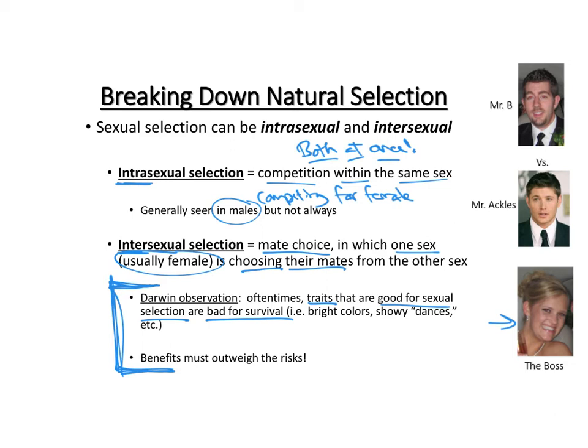These things will attract predators, right? But what Darwin kind of falls back on is just, hey, the benefit must outweigh the risk, right? So the risk of a predator seeing you must be outweighed by the chance that, hey, your bright colors are actually going to find you a better mate, allow you to reproduce, and send kids on into the next generation.